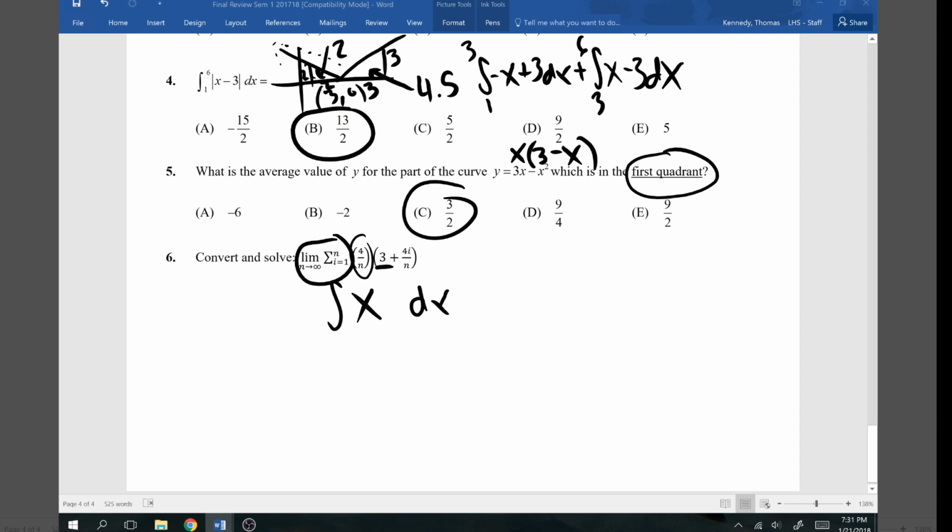And we're starting at 3 and going to 7, because our width of our integral is 4, and our starting value is 3. And so this is literally just the integral from 3 to 7 of x dx. Boom. Nailed it. All right. I'm going to the free response unless somebody was yelling at me. Nope, we're good.